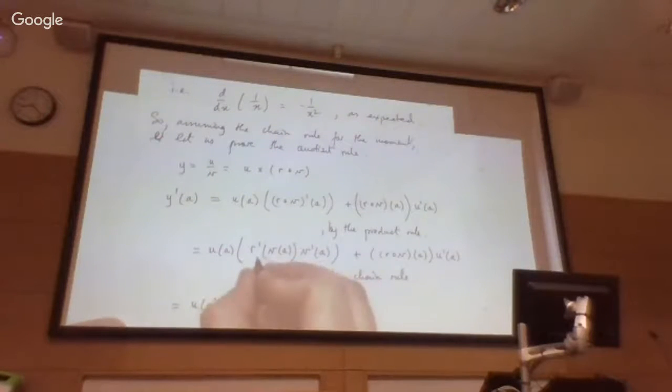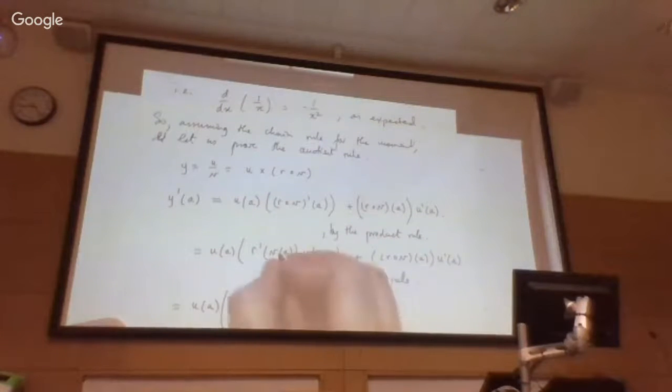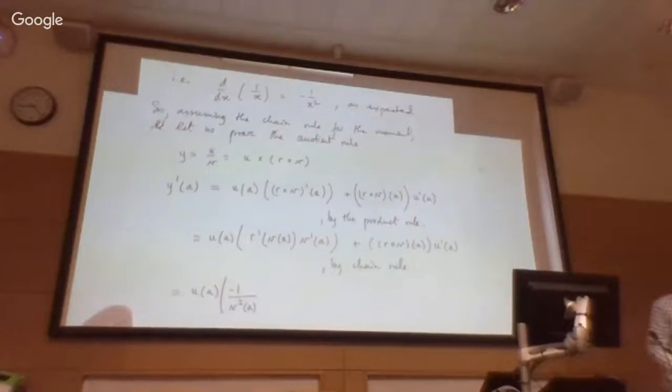Now what is the derivative of r evaluated at v of a? Well, it's minus 1 over the square of the original argument. It's minus 1 over v squared of a, and that in turn is multiplied by the derivative of v at a.